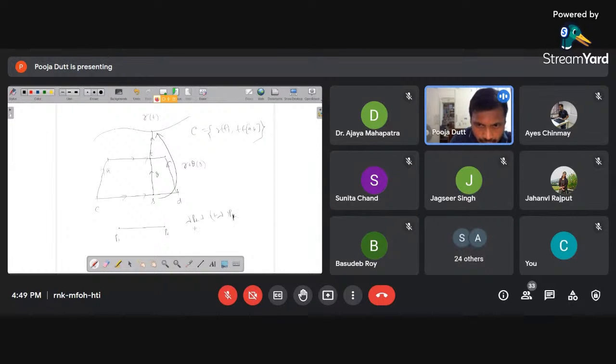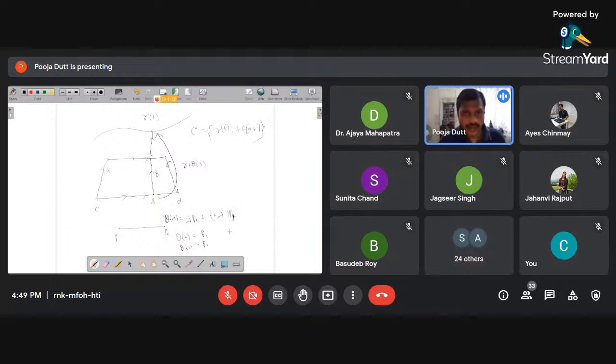I'm giving it a name, theta of lambda. So lambda times the last point, and 1 minus lambda times P1, the first point. Then one can check very easily that theta of 0 is P1 and theta of 1 is P2.